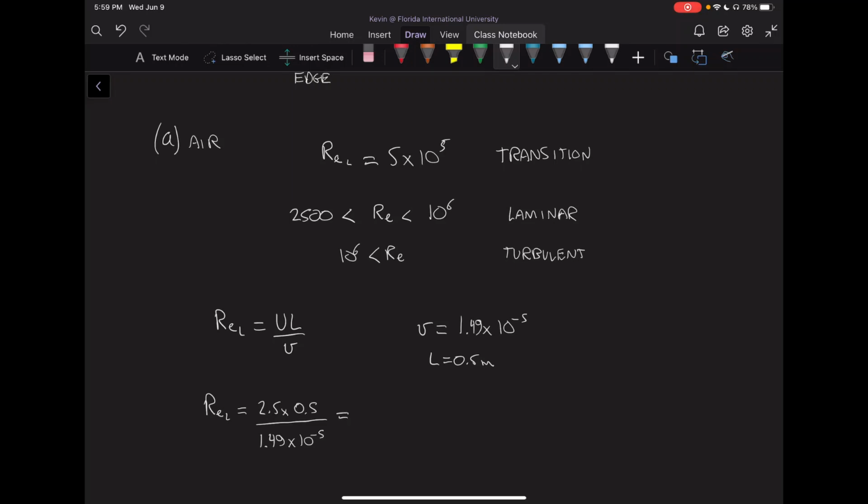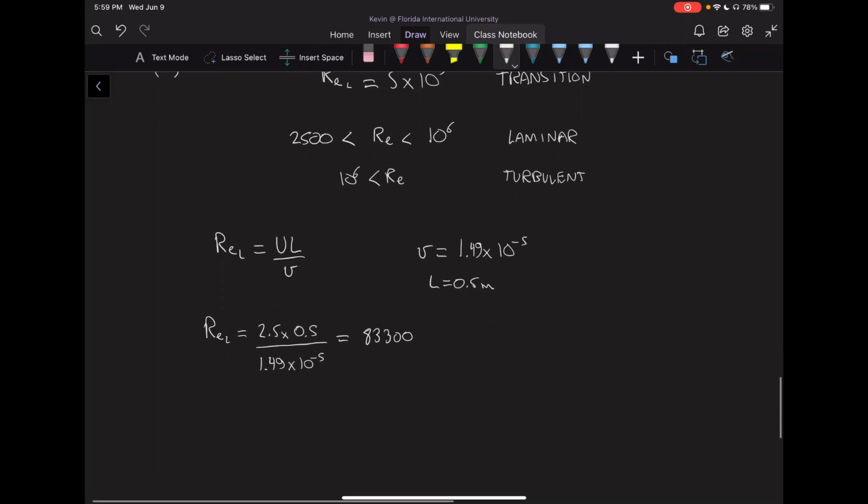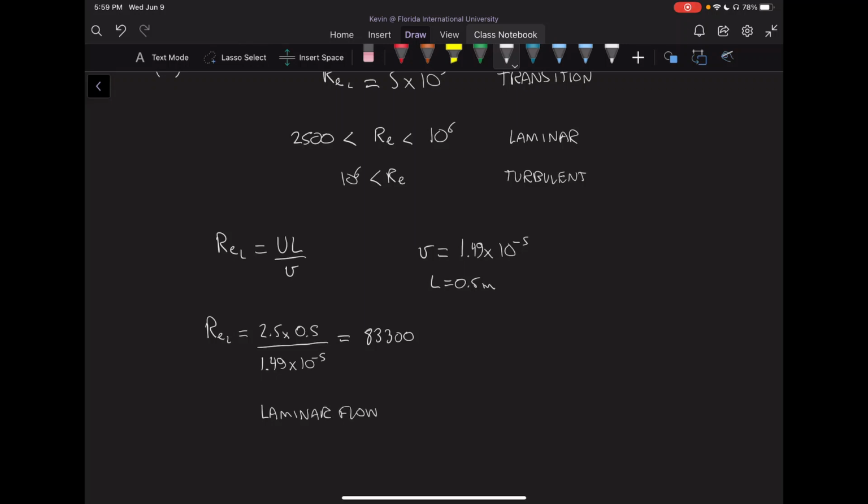And we get that this value is 83,300 for Reynolds. And so we know that our value is lower than 5 times 10 to the 5, so we can say that we have laminar flow. Okay, so that secures us in the sense that we know what our flow is.